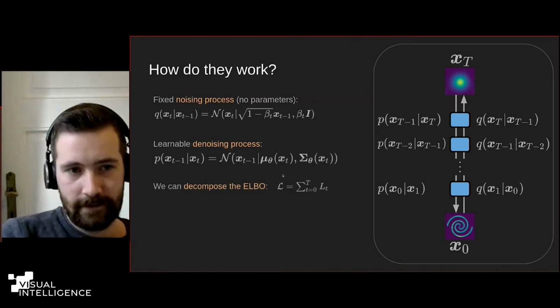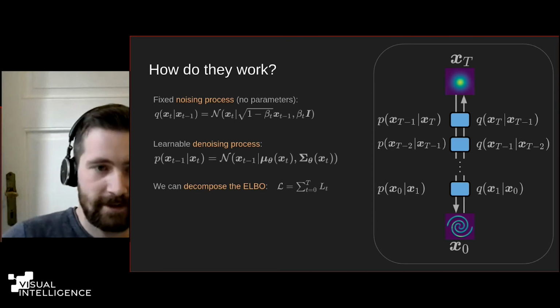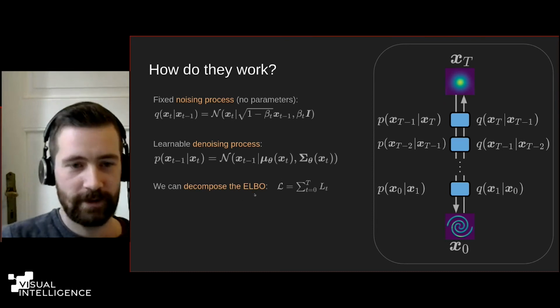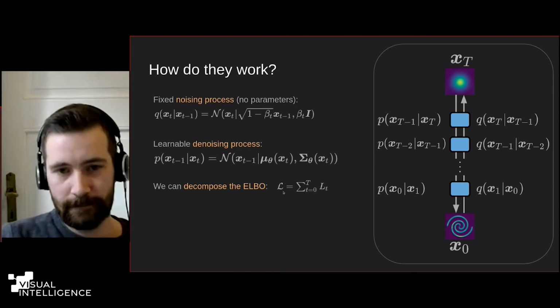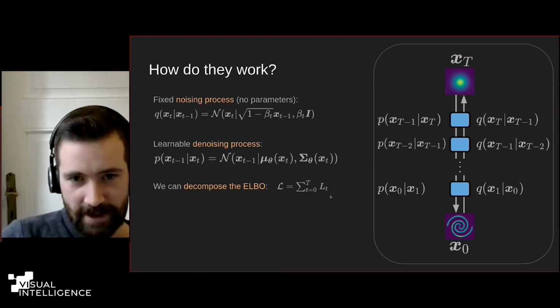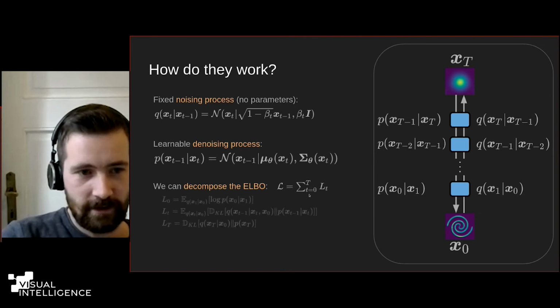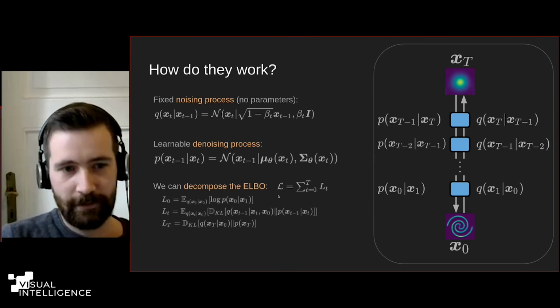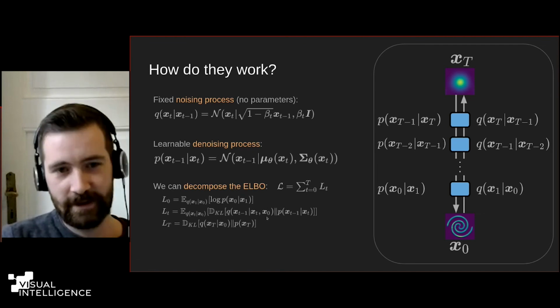And the nice thing with these types of models is that you can decompose the ELBO, the evidence lower bound, for those that know variational inference. So this is the training objective. You can decompose that into these T+1 parts, where the first one and the last one are special, but all the ones in the middle are these KL divergences.